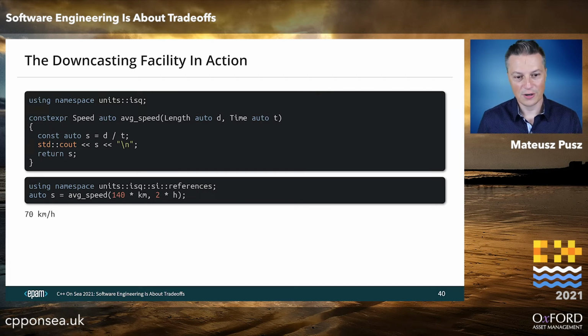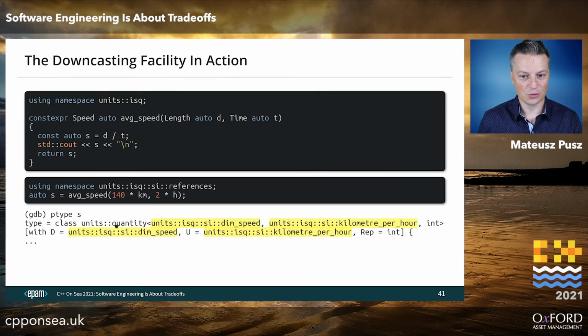If you go to the debugger, you will actually find out that this is true. The type of our S here will be the quantity of dimension speed in kilometer per hour unit with integer representation.